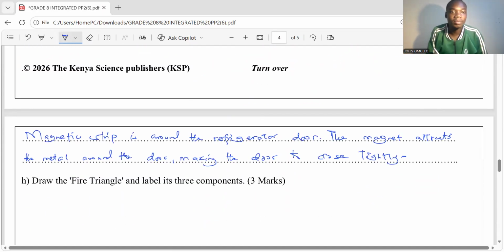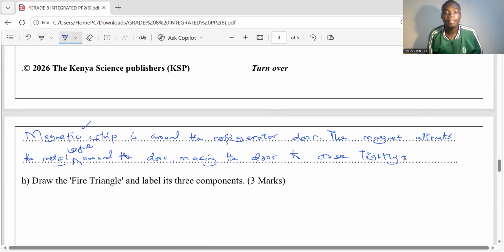So the magnetic strip is one of the magnetic forces of attraction around the refrigerator. The magnet attracts the metal surface, so I can say surface around the door, making the door to close tightly. Are you getting that?